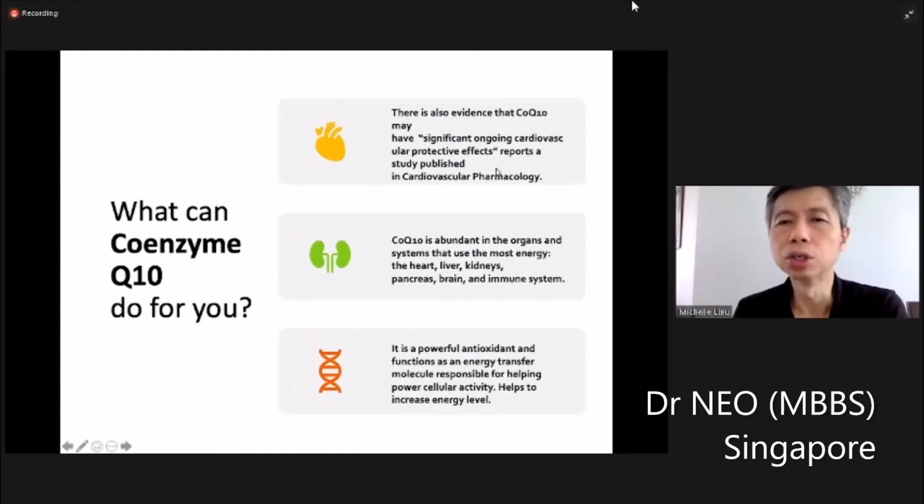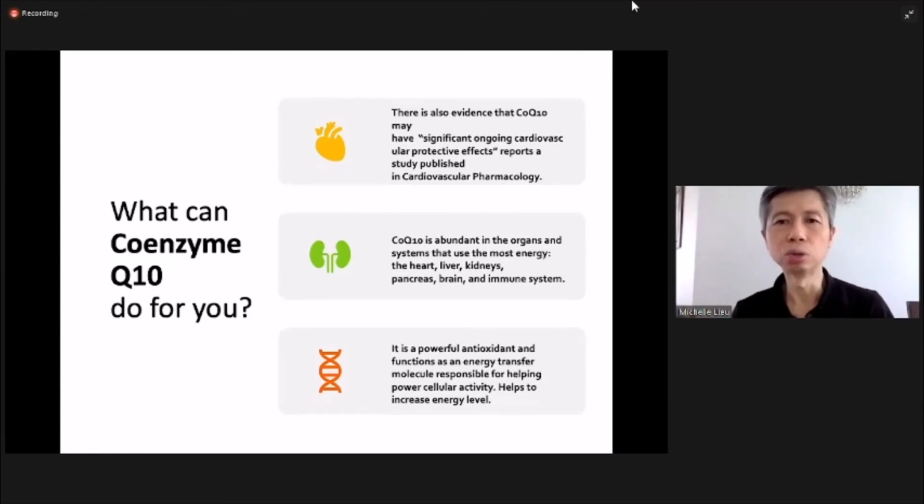So coenzyme Q10 has been shown to have cardiovascular protective effects. It is abundant in organs and systems that use the most energy. The heart is one of them, and other organs would be the liver, kidneys, pancreas, brain, and immune system. It's a powerful antioxidant that helps mop up free radicals, and it also helps to increase energy levels.